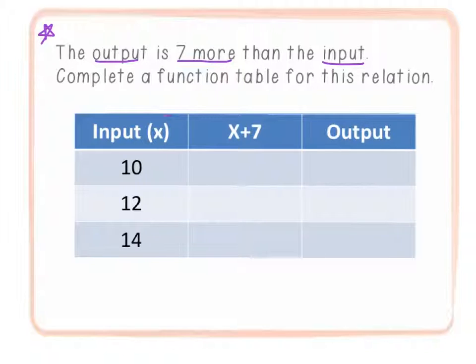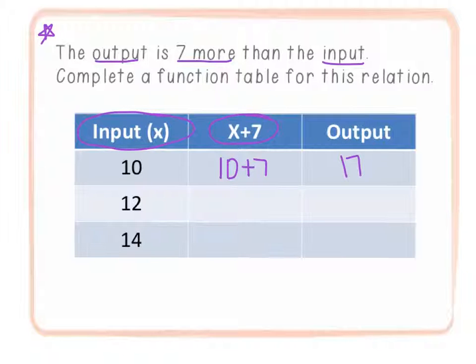So my input is right here, which is x, and then it's x plus 7. That shows us 7 more, and then we're going to solve. So I know my input is x, so I'm going to put that into my rule, 10 plus 7, and then what comes out, or what is my answer, is 17.